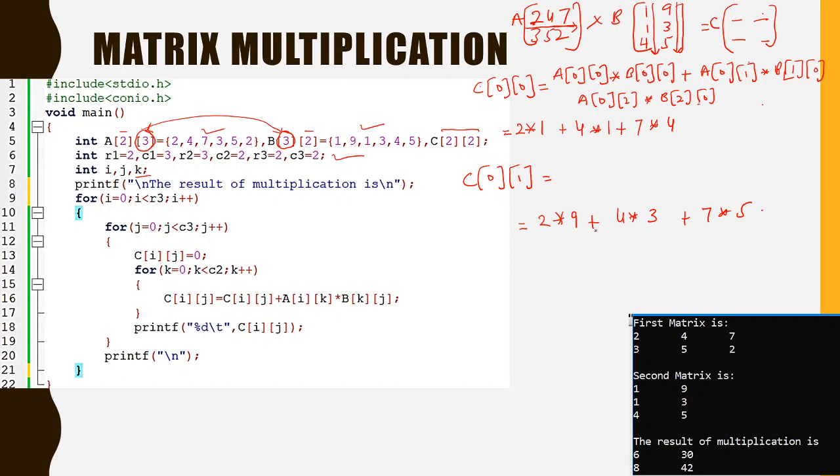If I write it in the form of indexes, I will simply write a00 multiply by b01, sorry, b0 and 1 here, first row and second column, plus a01 to be multiplied by b11, and a02 to be multiplied by b21.